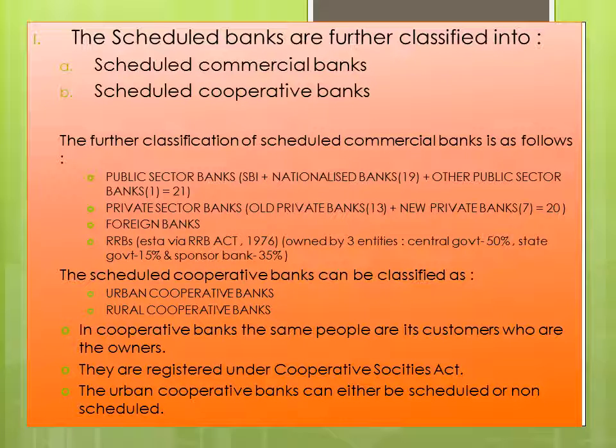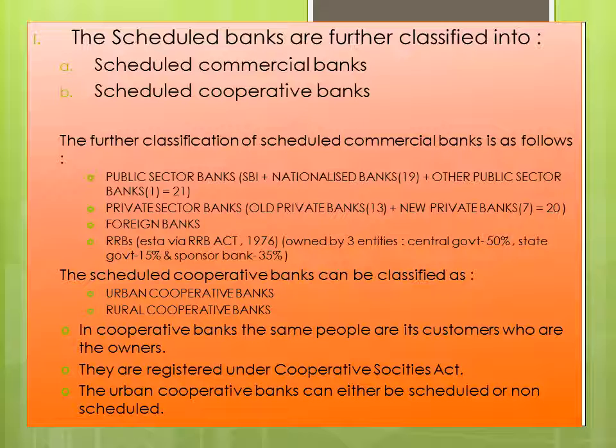The scheduled banks are further classified into the scheduled commercial banks and the scheduled cooperative banks. The scheduled commercial banks can be classified as the public sector banks, the private sector banks, the foreign banks, and the regional rural banks. The public sector banks include the SBI, the 19 nationalized banks, and the other public sector banks, and the total number of public sector banks currently is 21.